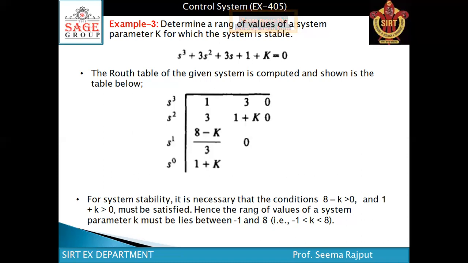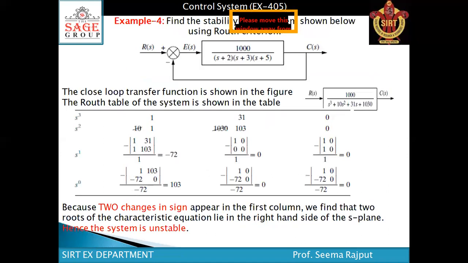Hence the range of values of the system parameter k must lie between -1 and 8. So that is the range of k. So those are the 3 examples of the Routh table.